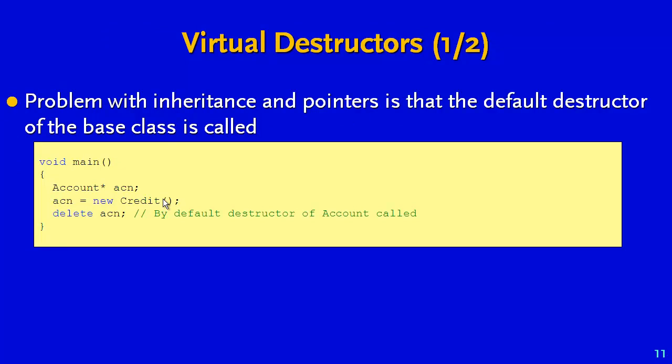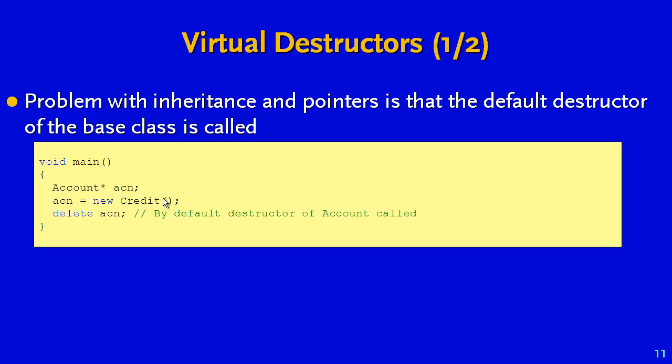Last but not least is the concept of the virtual destructor. There's a problem with inheritance in general. If we have the account class and the credit class, and both of the destructors are non-virtual, just normal destructors, and let's assume that we've got some heap memory in each object, each class.